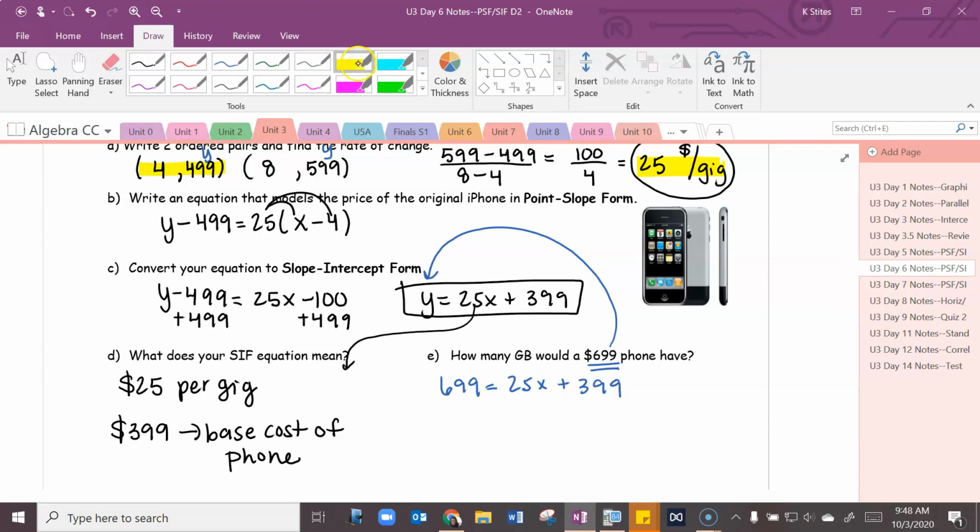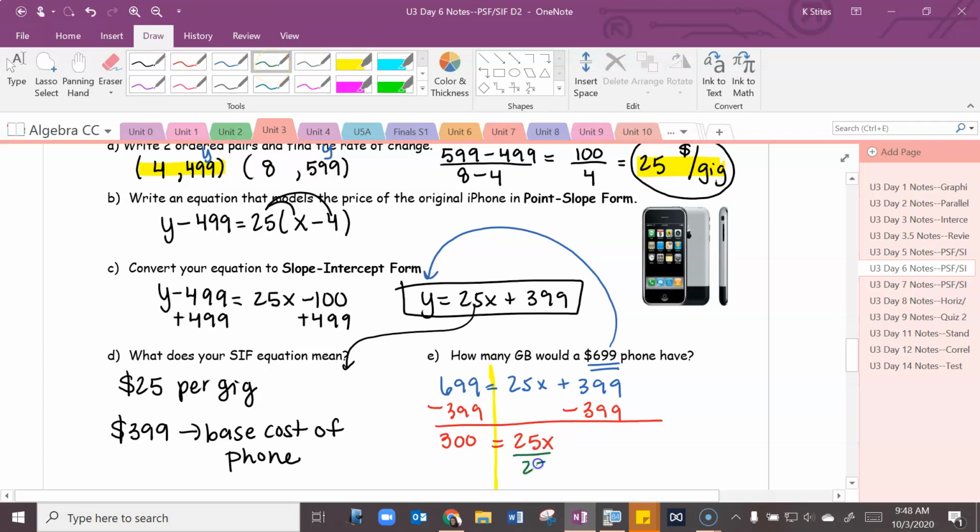And now this is something we should be able to solve from previous units. We will start by subtracting our $3.99 over. $6.99 minus $3.99 is 300 equals 25x. And then go ahead and divide by your 25. And just to save you some time typing that into your calculator, that would mean that you now have a whopping 12 gigs.